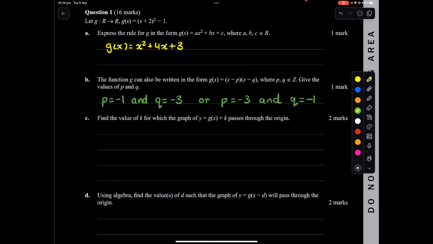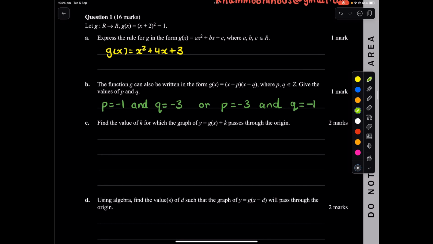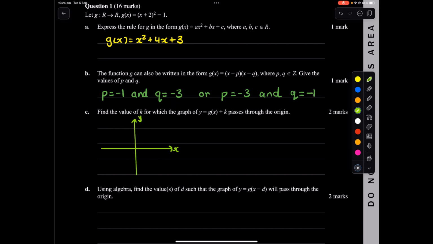Find a value of k for which the graph of G of X plus k passes through the origin. Okay, let's draw this function, G of X. So this is your X, this is your Y. It's going to go like this, something like that.